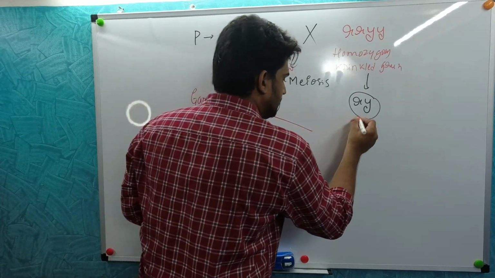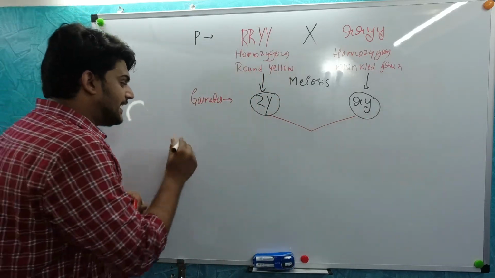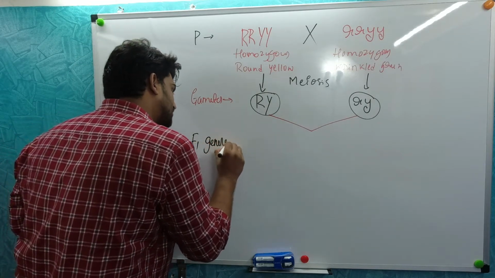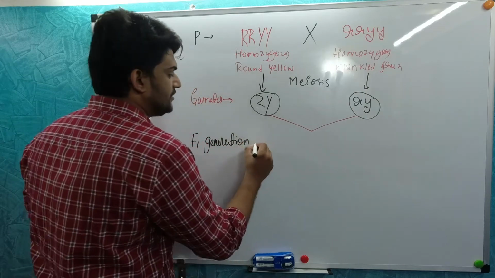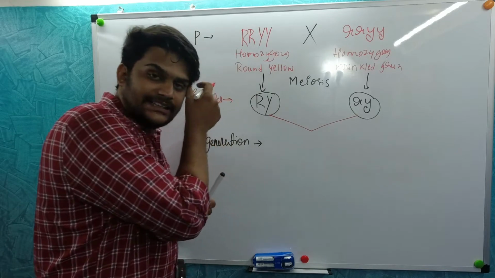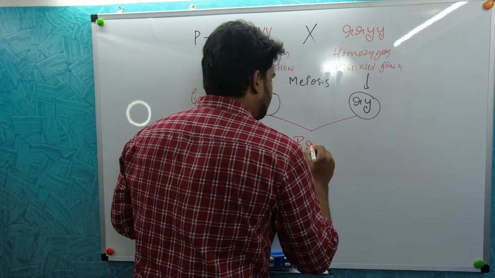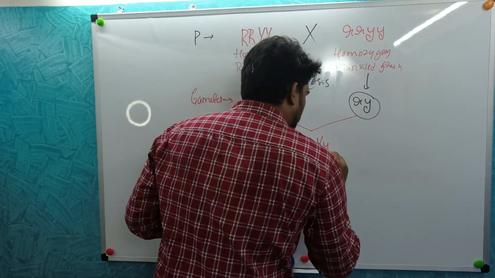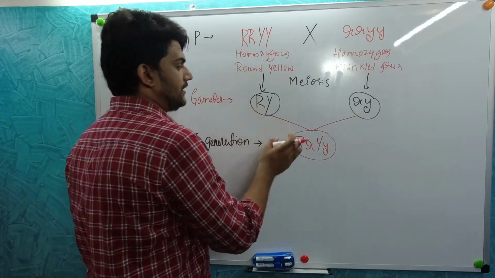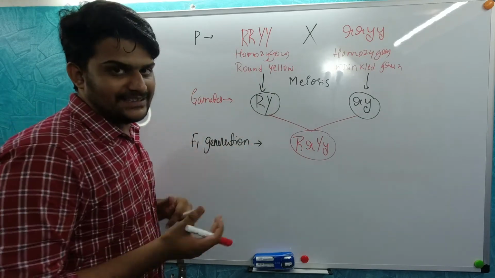They fused and came out as the F1 generation. Remember that F1 means first filial generation, a 1 mark question. When it mixed, we get capital R, capital Y, small r, small y. I have written like this with respect to the dominant and recessive characters.